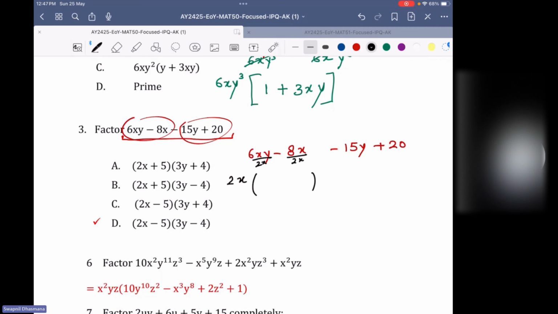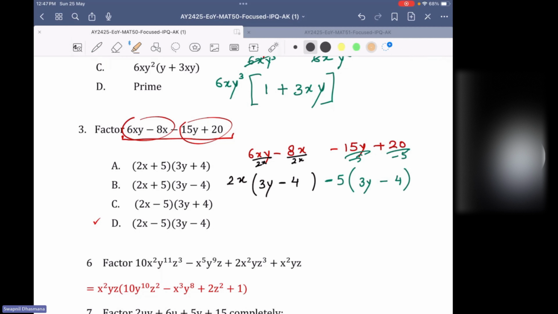So that'll be 3y, 4. From the second one, I can take a 5 common. It's like dividing by negative 5. So here you will get 3y, and here you will get negative 4.